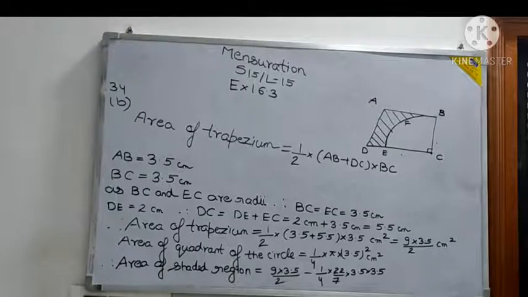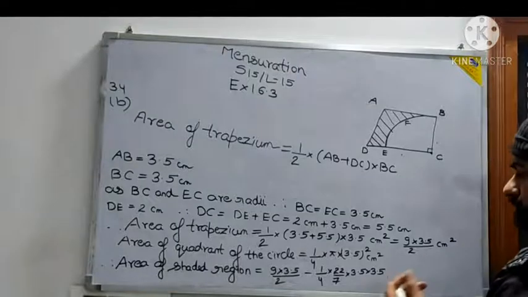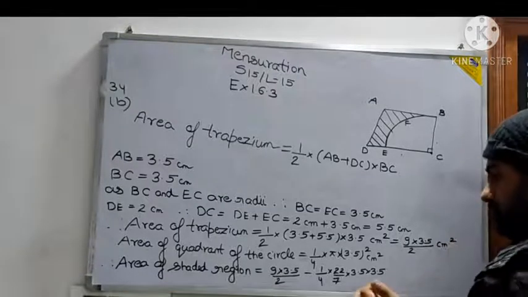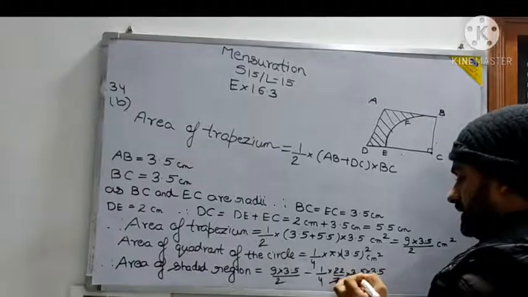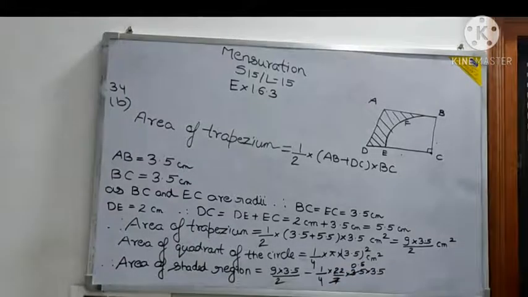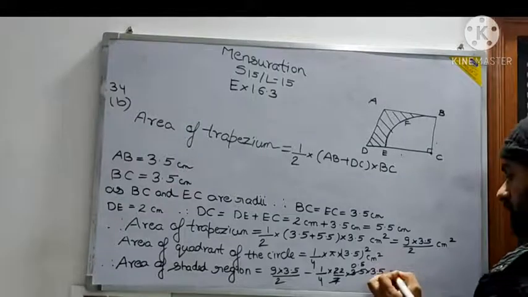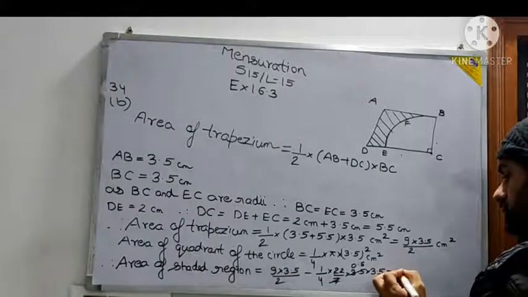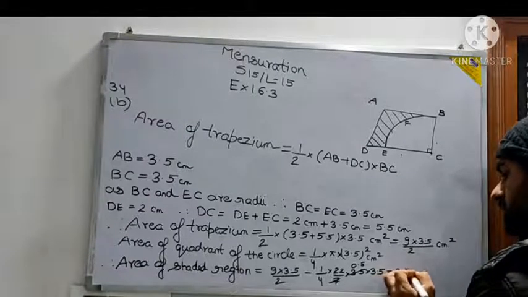Now the question is, just like now, removing the common value, you have to take it out. So 7 5s are 35, and 3.5 you can take outside the bracket also. So 3.5 outside the bracket.